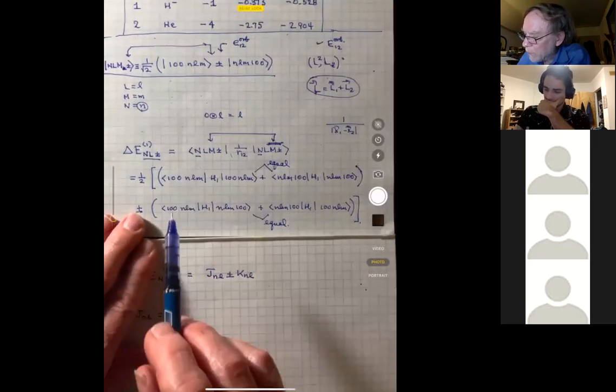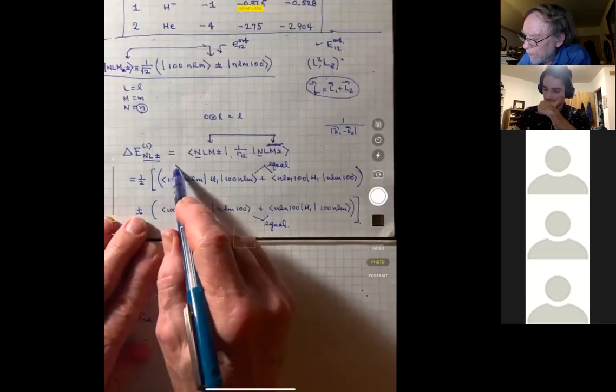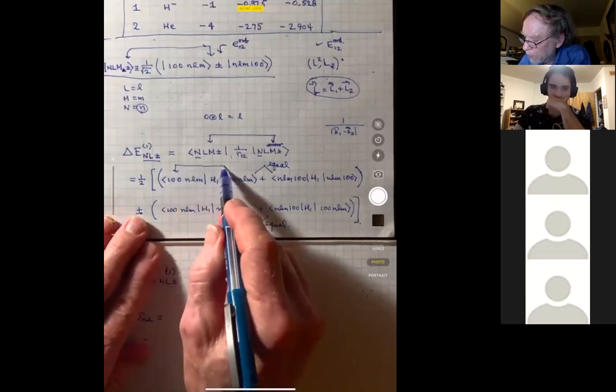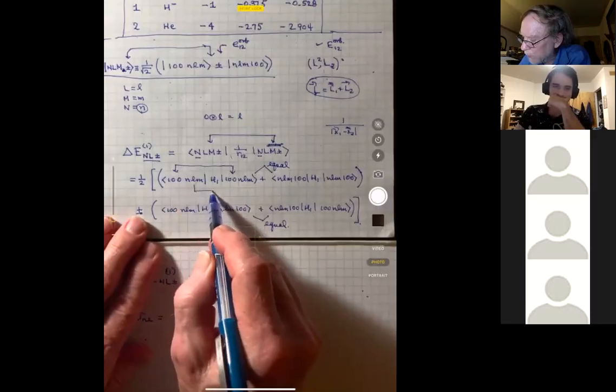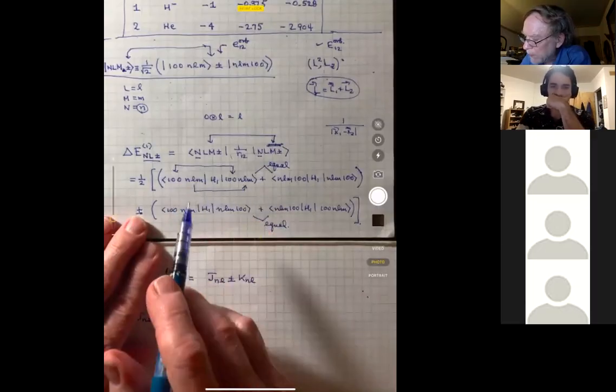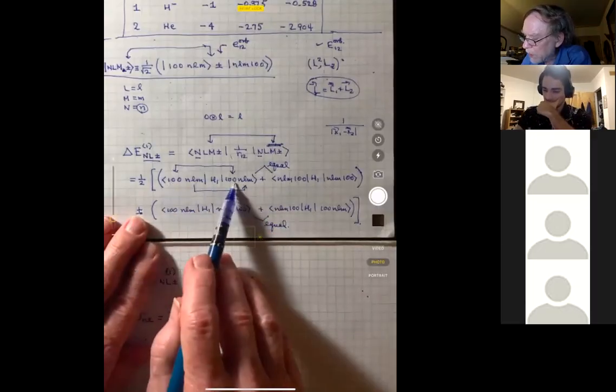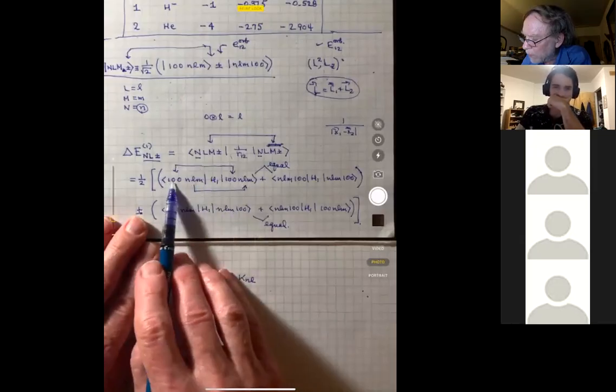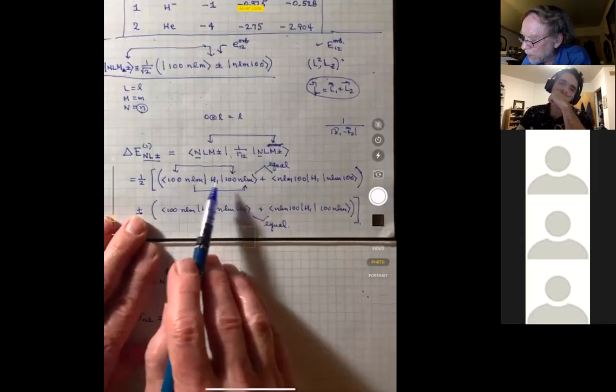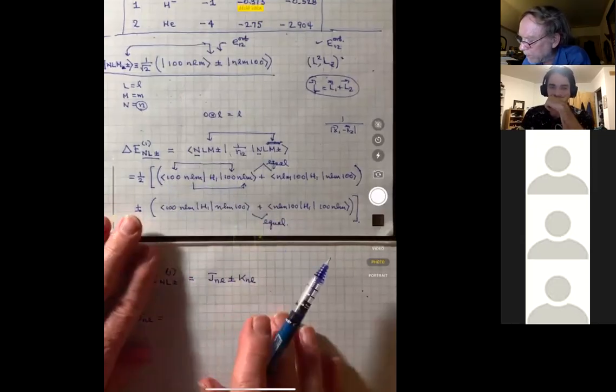Think about writing this out in wave function language. The first set of quantum numbers is for particle 1, and the second set of quantum numbers is for particle 2. So you've got a psi star and a psi for particle 1 with quantum numbers 100, and a psi star and a psi for particle 2 with quantum numbers n, l, and m.